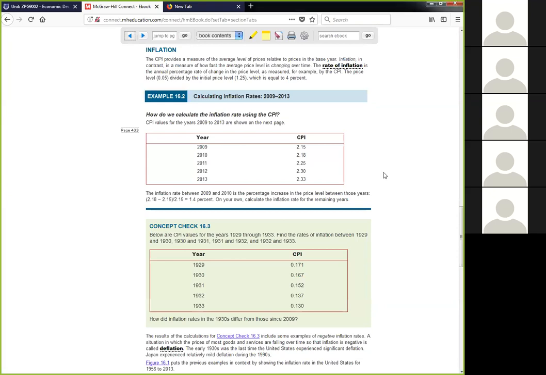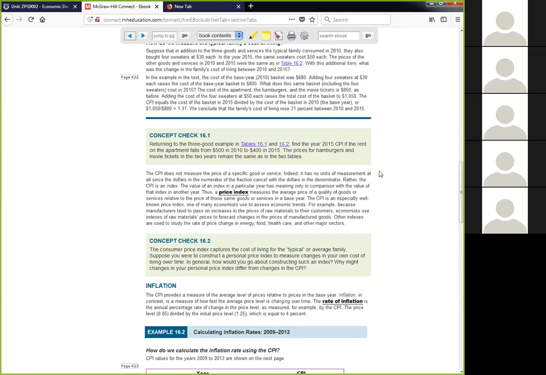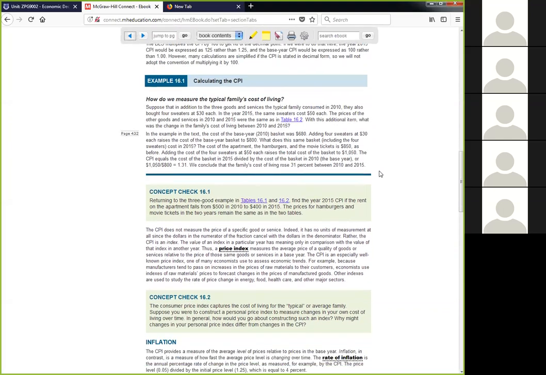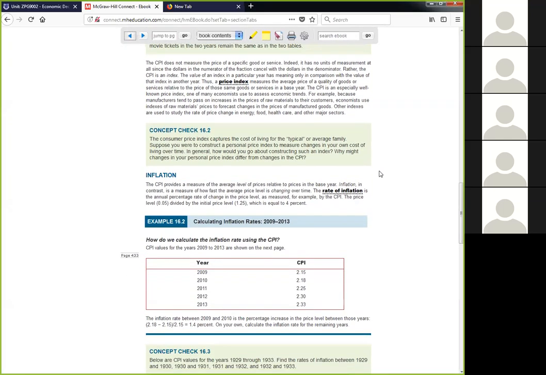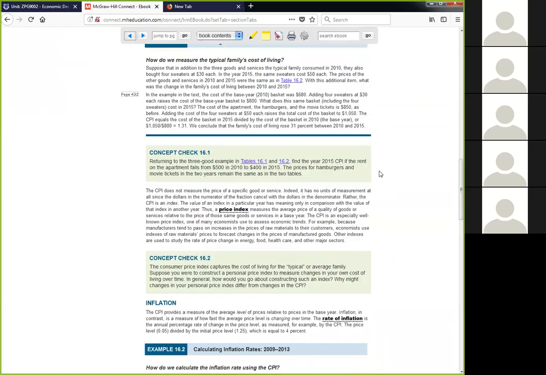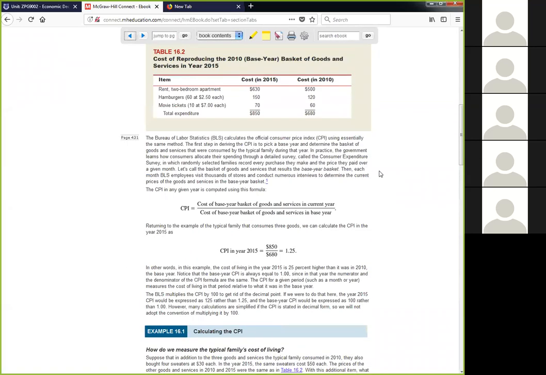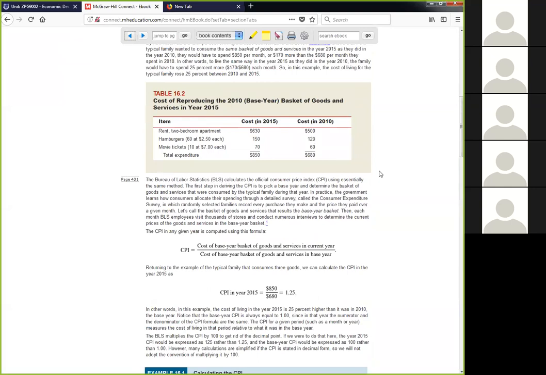Also very important, a very simple example on page 431. There you have the cost, remember, of that 2-bedroom apartment. You have the hamburgers at R2.50 each, the movie tickets at R7 each, and then you've got a total expenditure. You've got a cost in 2015, and you've got a cost in 2010.